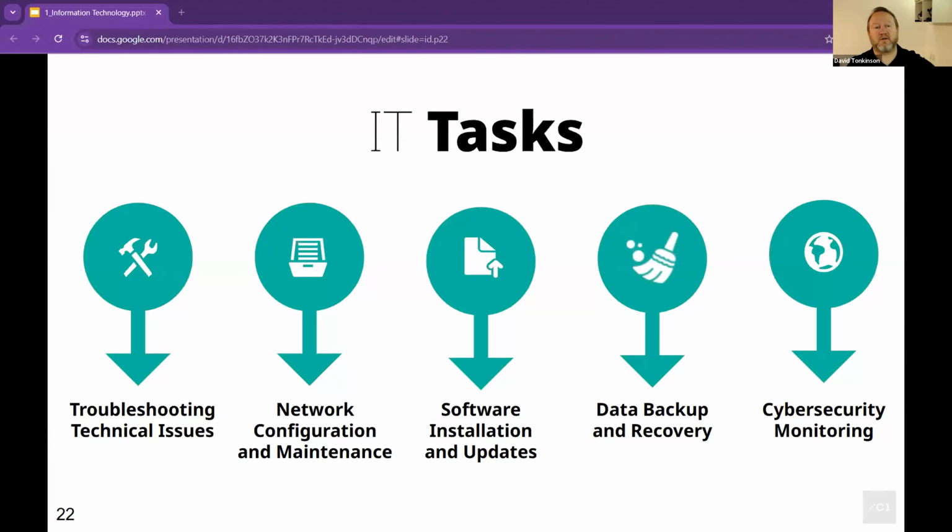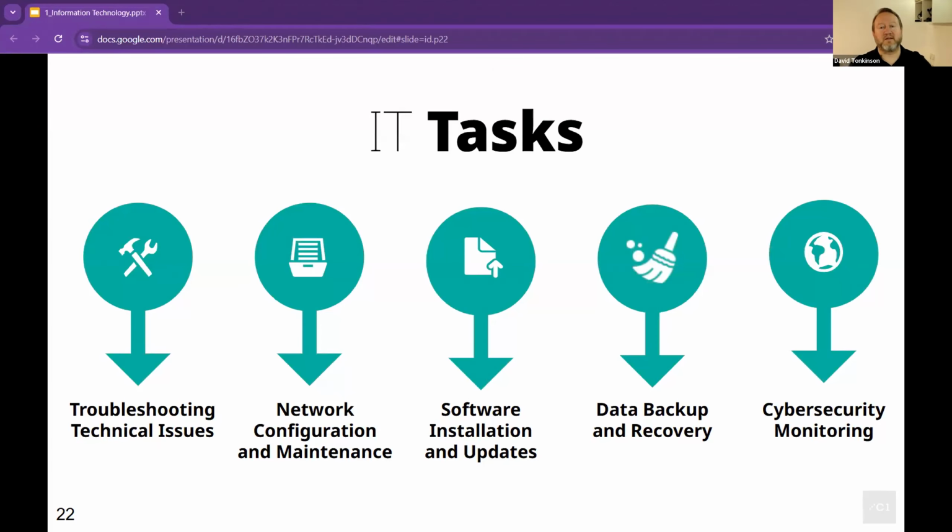So typical IT tasks that you get into: troubleshooting technical issues. We're talking about break-fix, identifying and resolving hardware and software issues that the users encounter. This involves a lot of analysis of error messages, system logs and diagnostics, or simply knowing what the user is telling you.